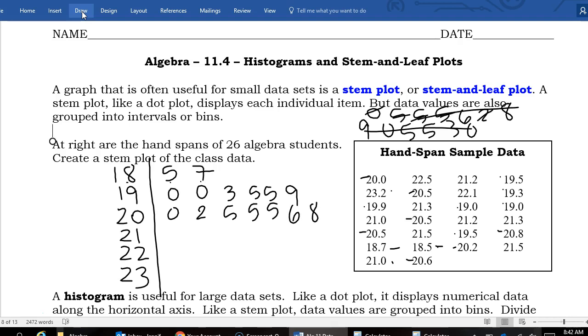21s: 0, 0, 3, 5, 2, 2, 3, and 5. Two zeros, two 2s, two 3s, and two 5s.